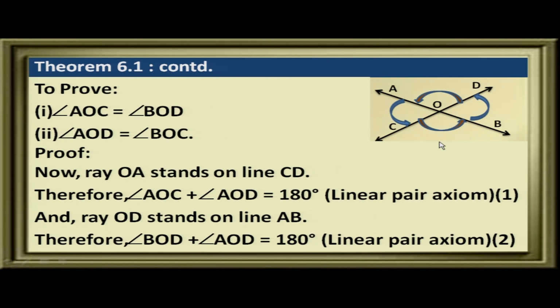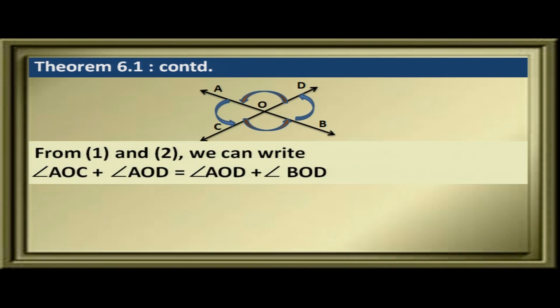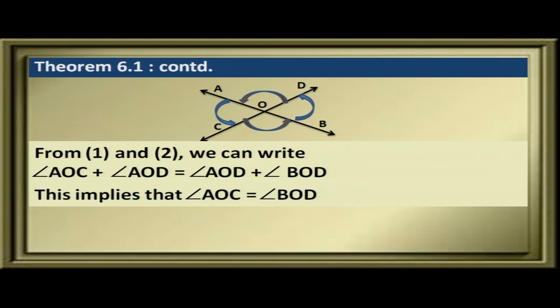Let the equation be 2. So, from equation 1 and 2, we can write, as both of them have 180 degree on their right side, the left side must be equal. So, angle AOC plus angle AOD is equal to angle AOD plus angle BOD.